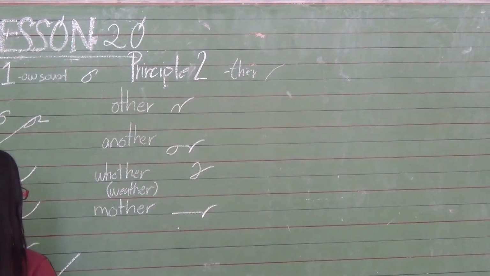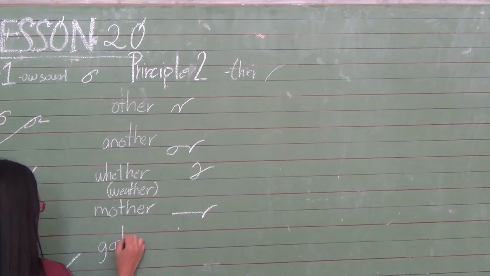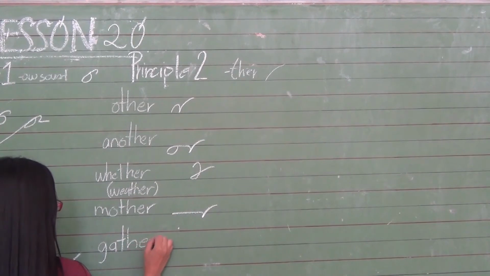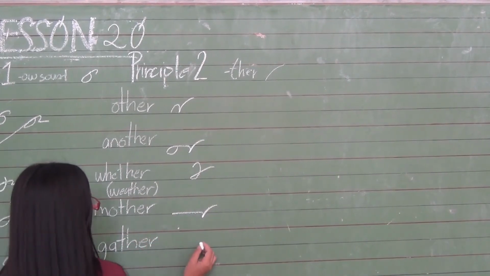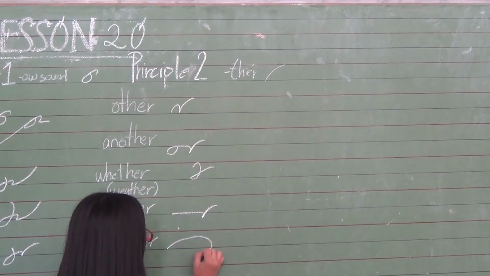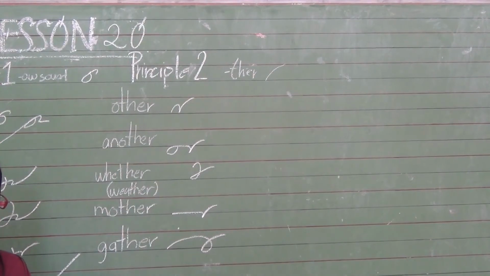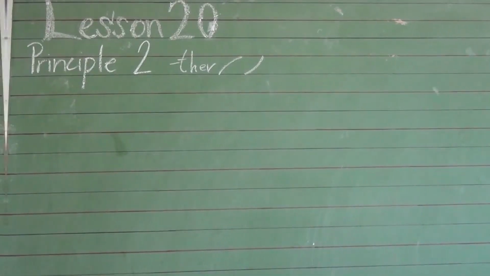Next example is gather. It is represented by G as in gay, A stroke, and over ITH. Next example is either.